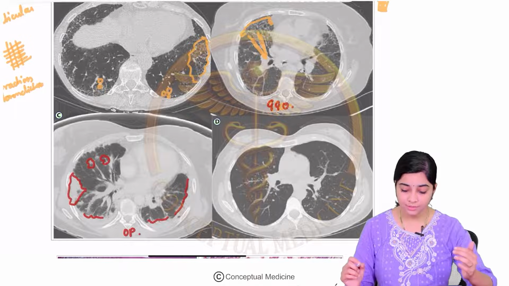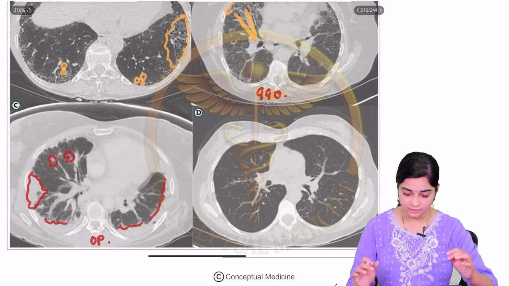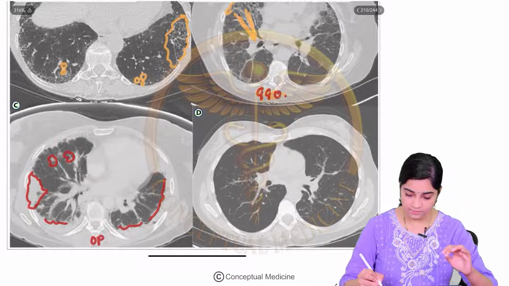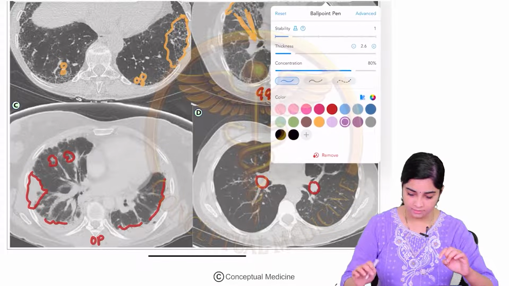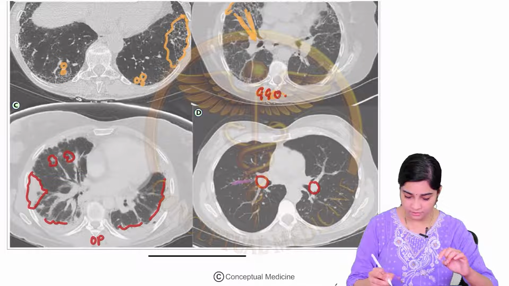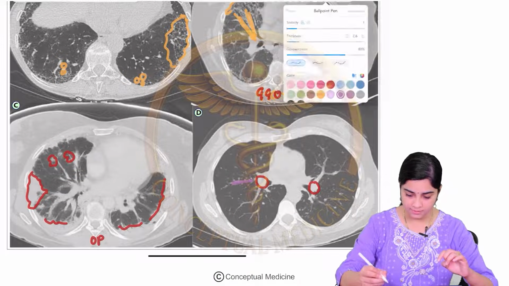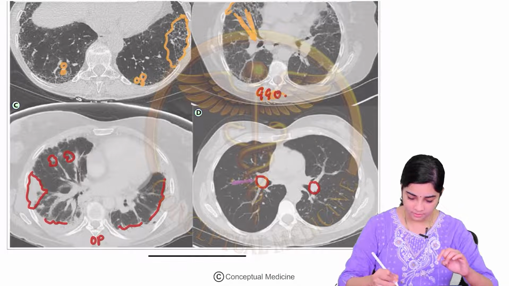Okay, fine. Now let us look at the image D. Can you see that there are some opacities here? These are prominent hilar lymph nodes along the peribronchovascular region. So this is your bronchovascular region. Along the peribronchovascular region, you find small nodules like this, right?